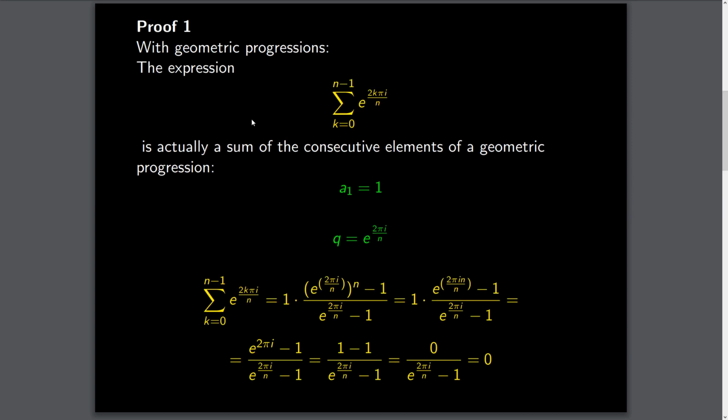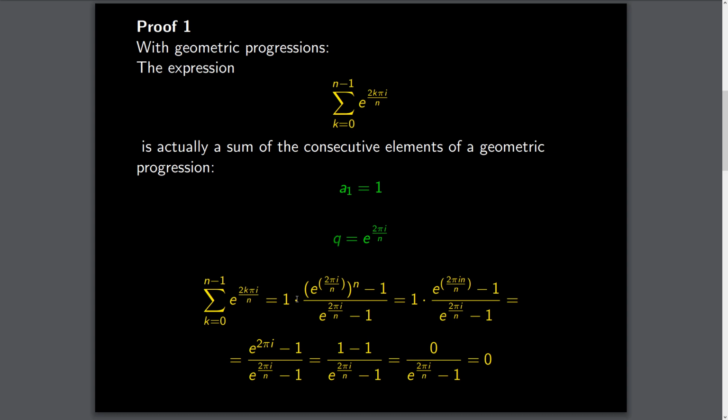So the first proof involves the utilization of geometric progressions. Now, this expression is actually the sum of consecutive terms of a geometric progression. You only have to see that the first member of this sum, a1, is going to be 1, and the common ratio of the geometric progression is e to the 2 pi i divided by n.